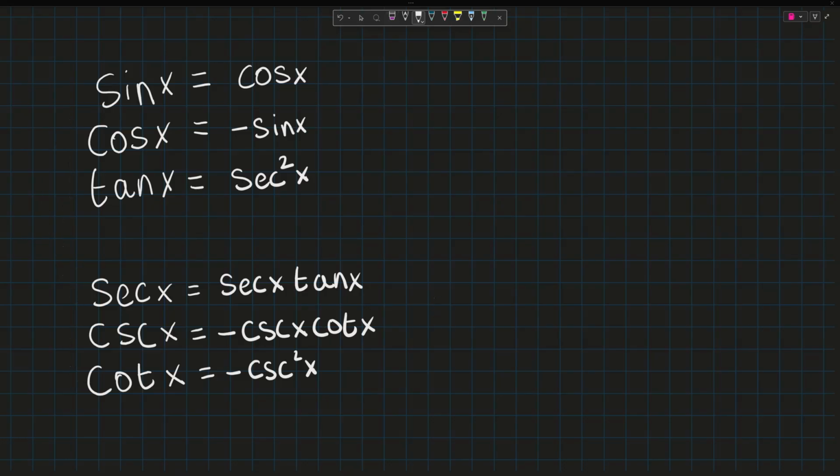Now again, the chain rule is very prominent in these problems. So let's see that. I'm going to take the hardest one here, and I would say that's cosecant x, because you're getting another function that's added upon here. So let's say I'm going to take the derivative of cosecant x, but instead of x, I'm going to have x cubed.